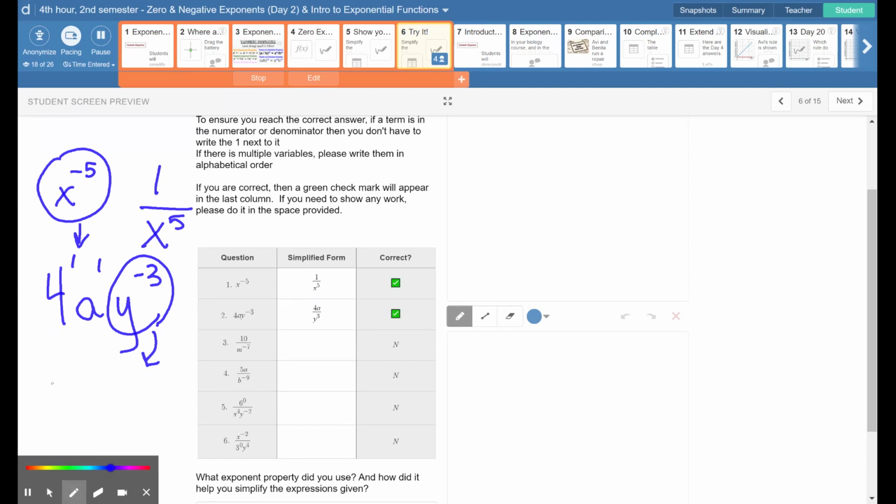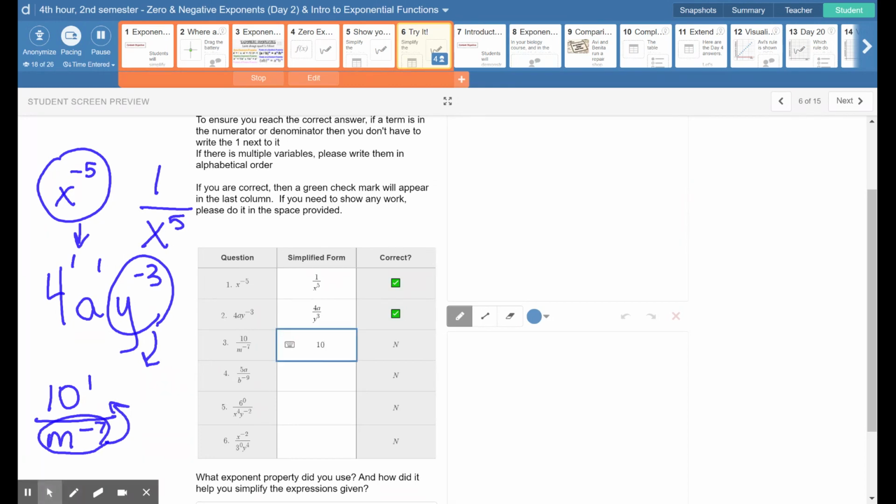Number 3, the 10 has a positive 1 as an exponent. We have m to the negative 7. That's in the denominator. We need to move it to the numerator. So the 10 stays put, and then m to the 7th.